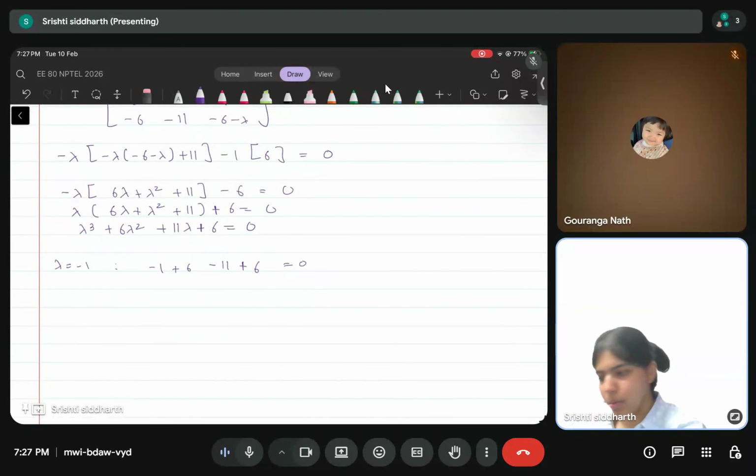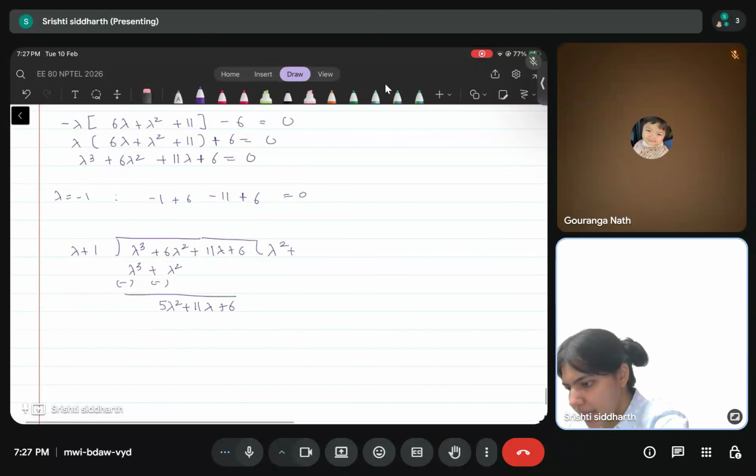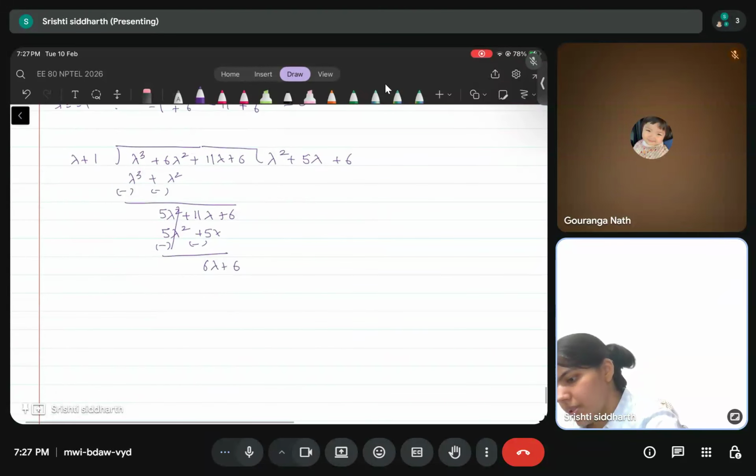Now we can get the other roots, right? So this is lambda plus 1 times lambda squared plus 5 lambda plus 6 equals 0.